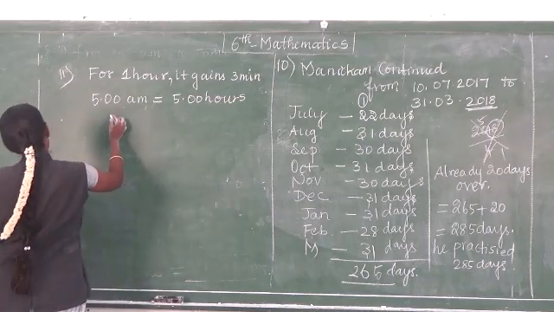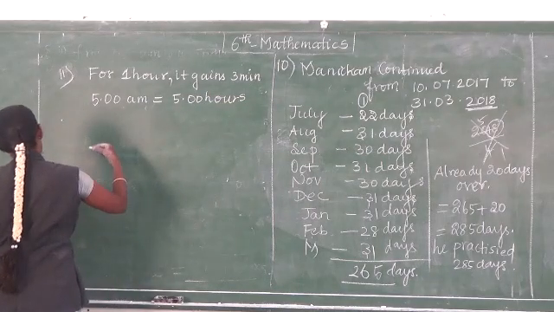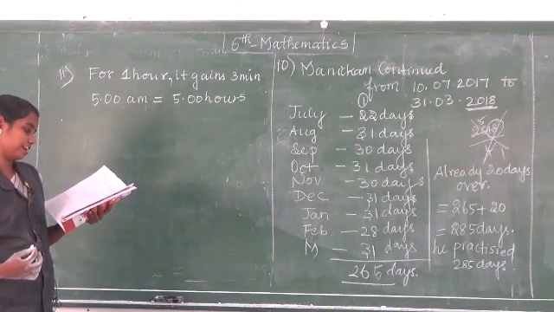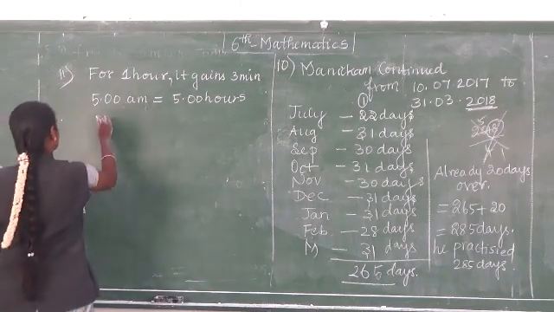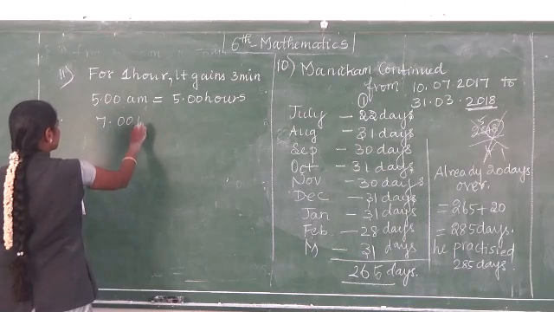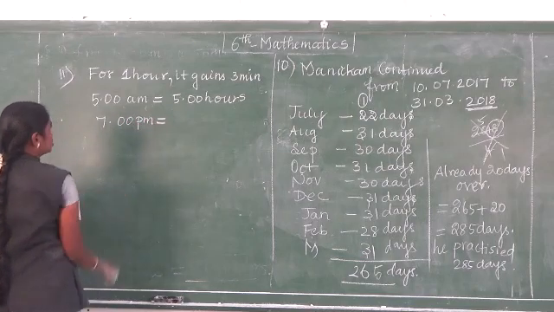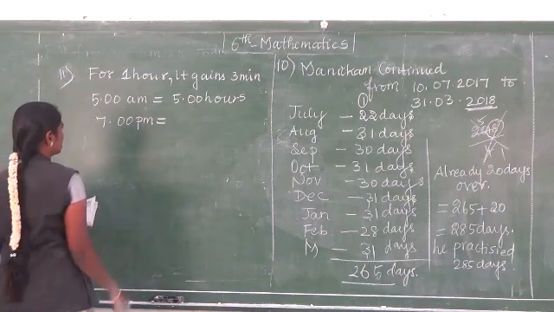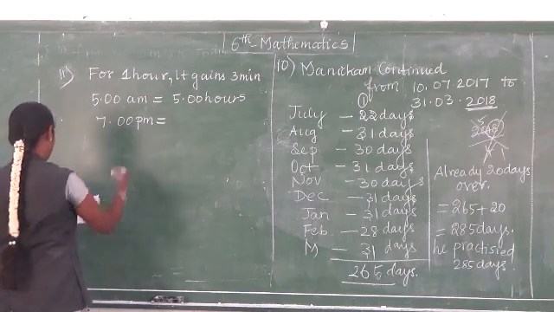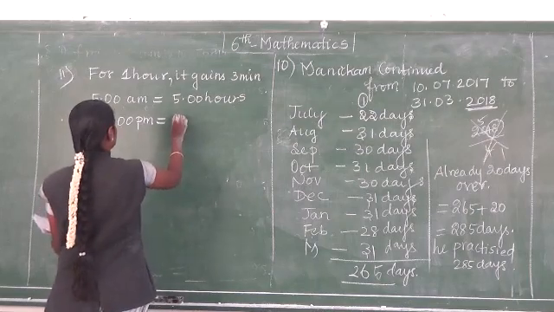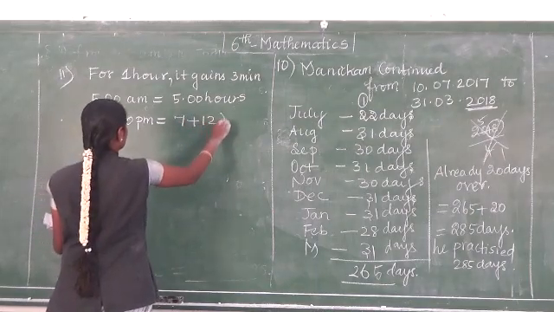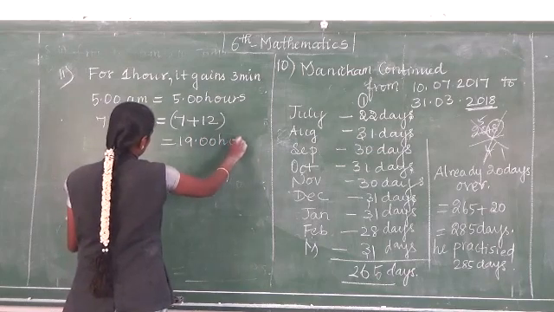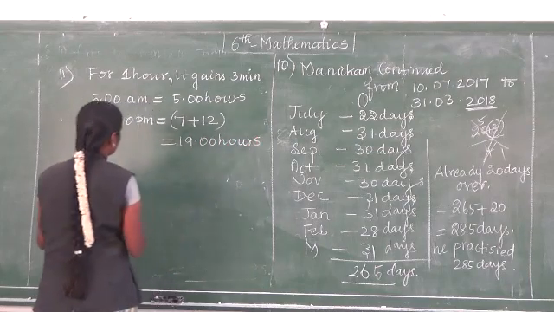Then find the time shown by the clock at 7 p.m. At 7 p.m. what time we have to see? 7 p.m. also convert into the 24 hours format. You will add 12, so 19 hours.